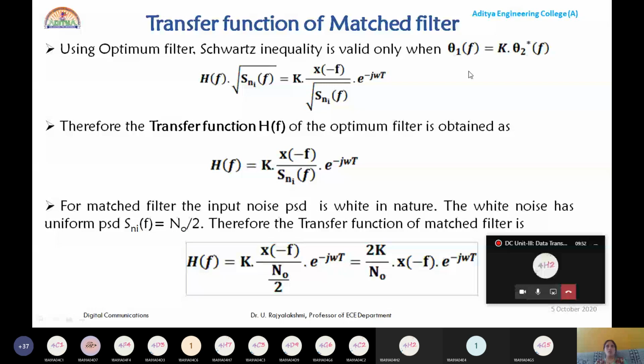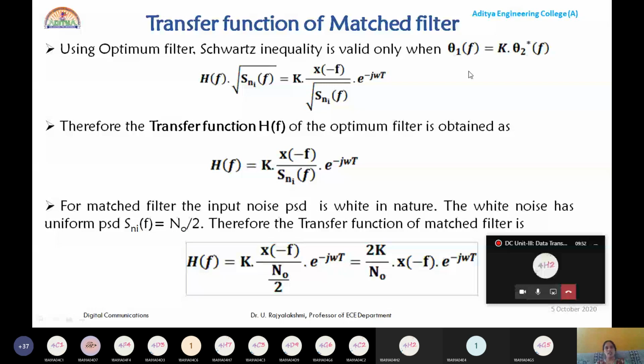Theta 1 of f is equal to k times theta 2 star of f, where theta 1 of f is equal to f into root Sni of f. It is k times that of x of minus f into Sni of f into e power minus j omega t.